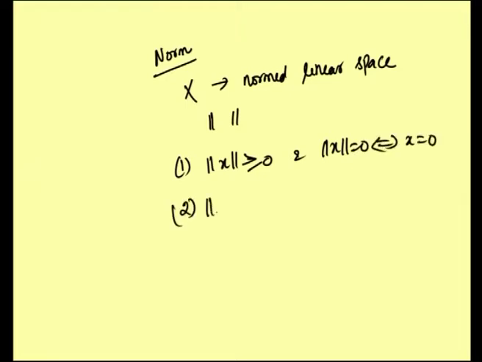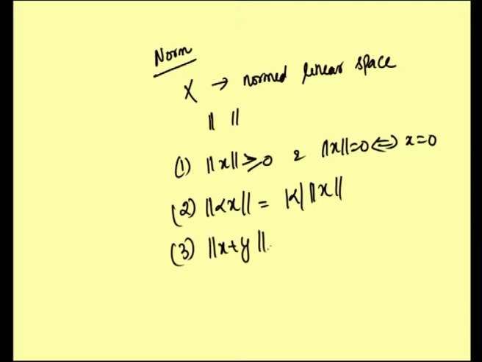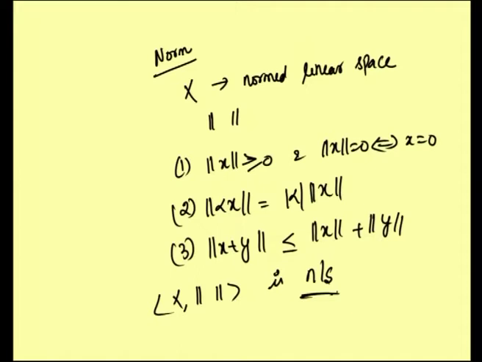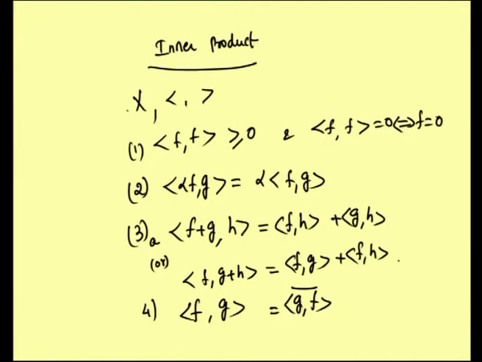Second condition is norm of αx is equal to modulus of α times norm x, and third condition is the triangle inequality, norm of x plus y is less than or equal to norm x plus norm y. Okay. Then X along with this norm is called a normed linear space. Similarly here, vector space X along with this inner product is called an inner product space.